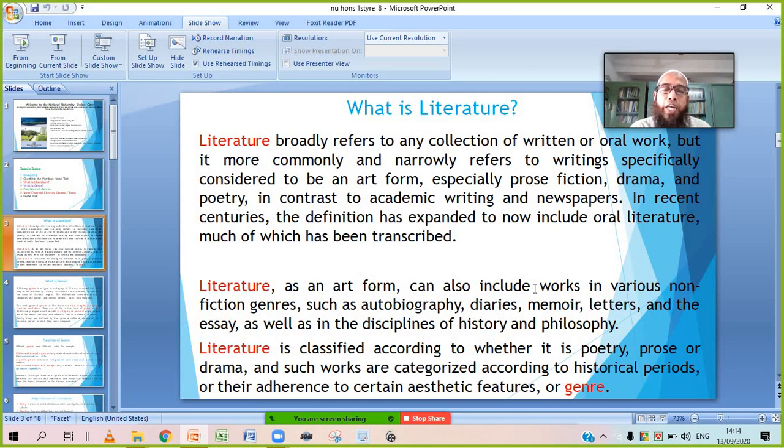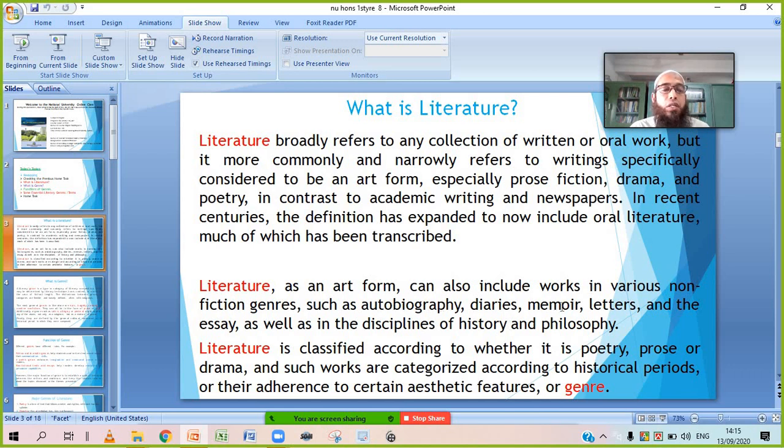Literature as an art form can also include works in various non-fiction genres such as autobiography, diaries, memoir, letters, and the essay, as well as in the disciplines of history and philosophy. So, autobiography. What is autobiography? Life history of a person written by the person himself or herself. Diaries. Some of you keep diary, of course.